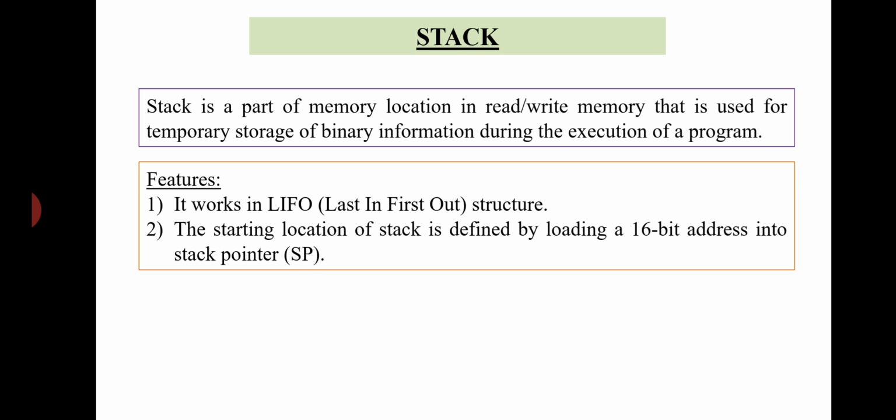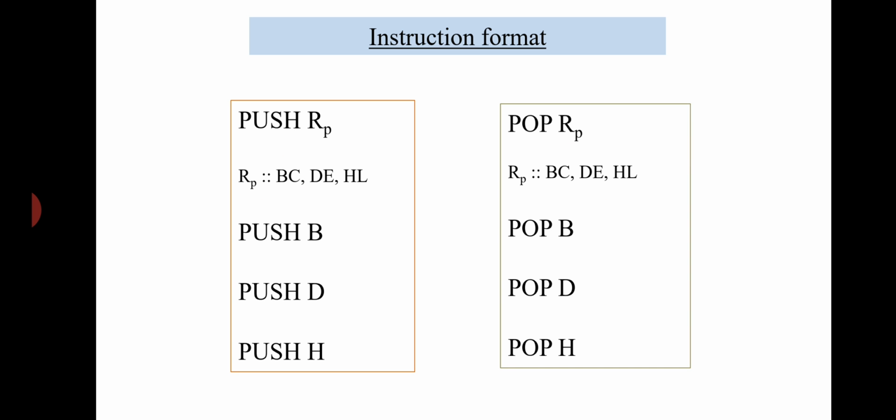Then the starting location of the stack will be defined by loading a 16-bit address into the stack pointer, represented by SP. The instructions which are used for stack operations are push and pop instructions. The format for writing these instructions is PUSH RP and POP RP.